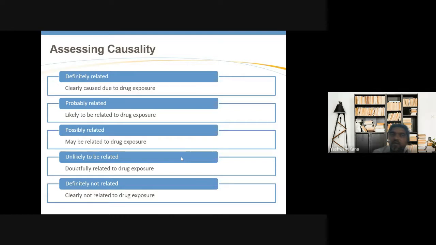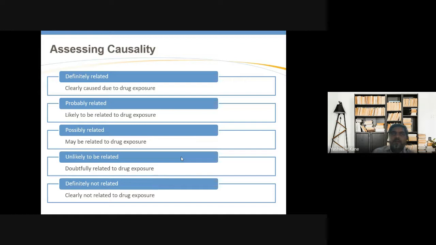We are not 100% sure. Possibly related: there are two products being consumed by the patient, and there is an adverse event, but we are not able to segregate whether it is due to product A or product B. So we say that it is possibly related to both of the products.